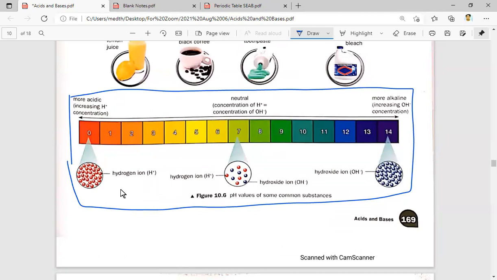This color scheme here that you see, 7 being neutral, is actually green. 12 to 14 is quite alkaline, strong alkali. The color actually is about blue to violet. Whereas 0 to about 2 is about red color.